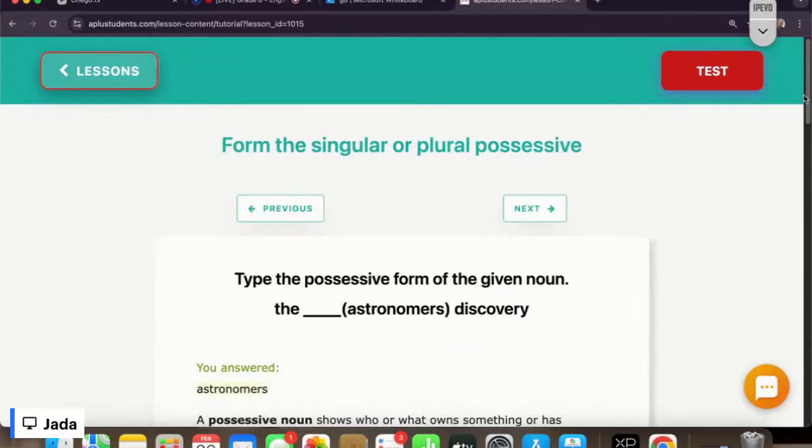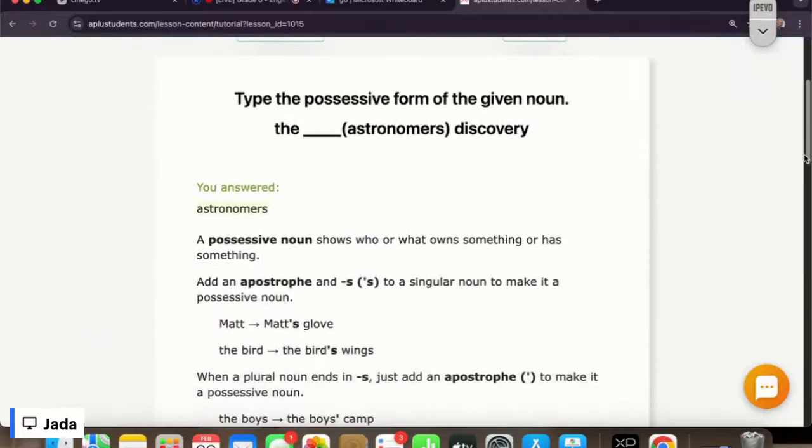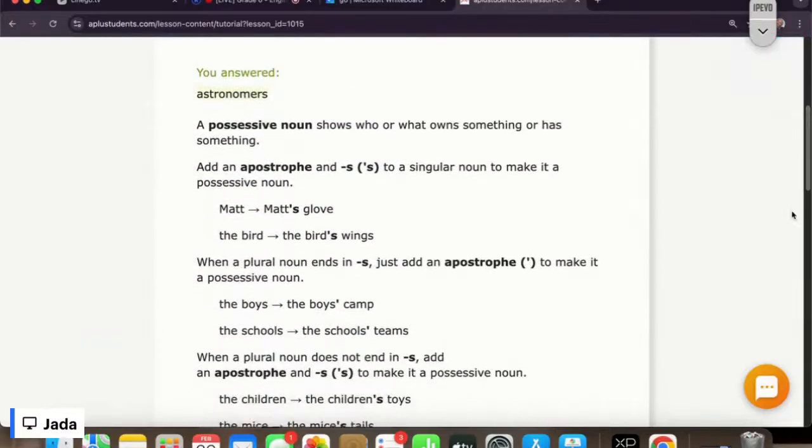Alright, since we have no questions, we'll continue. So we have form: singular, plural, possessive.